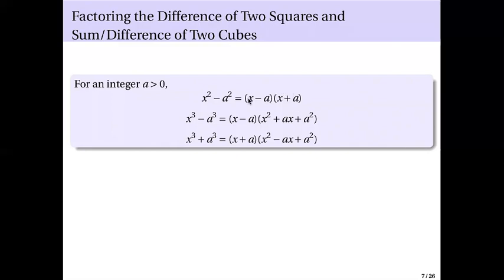Remember, before, we started from this side: x minus a times x plus a. We did the FOIL method and obtained this. If we reverse the process, you start with this and get this.